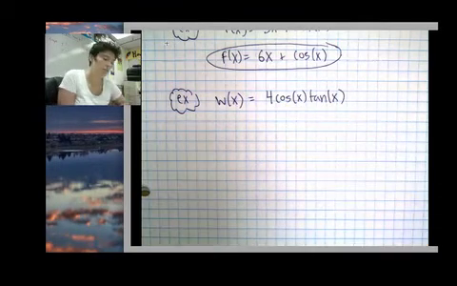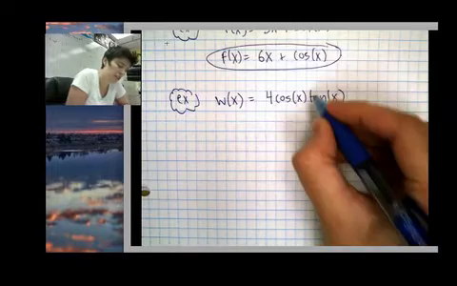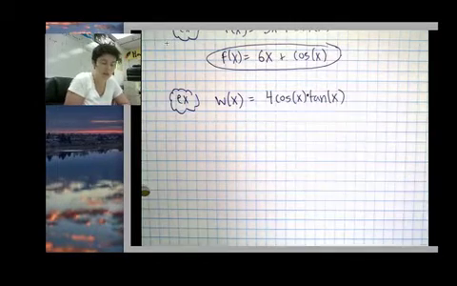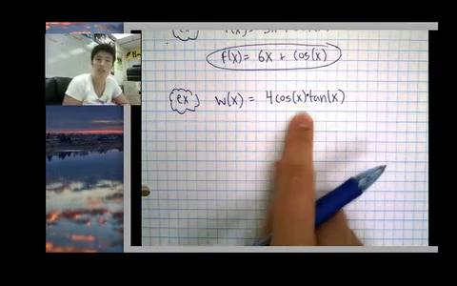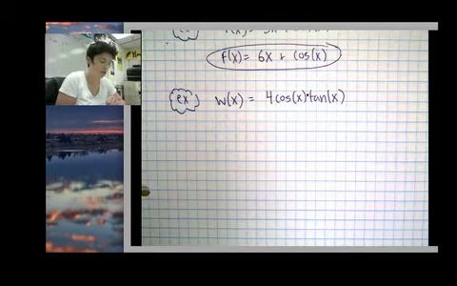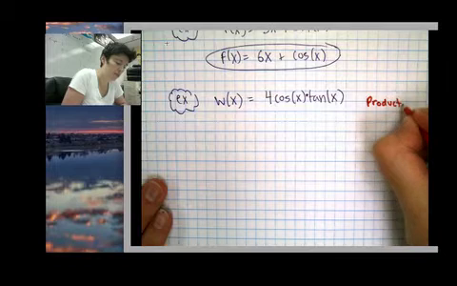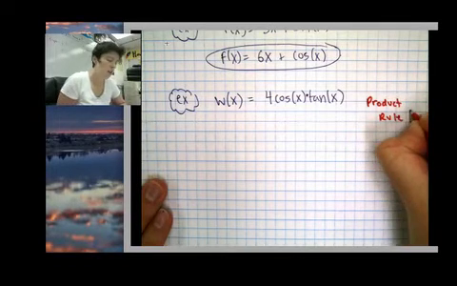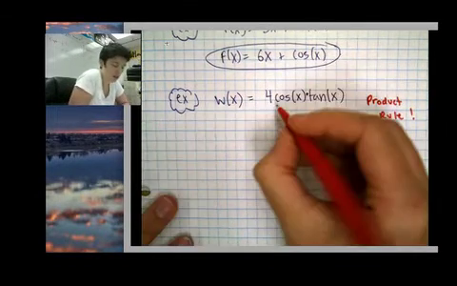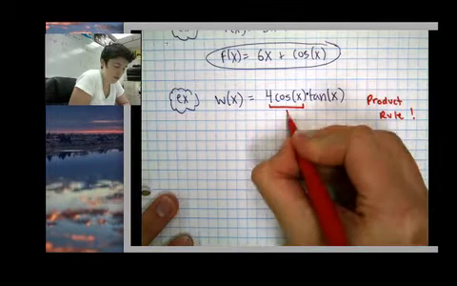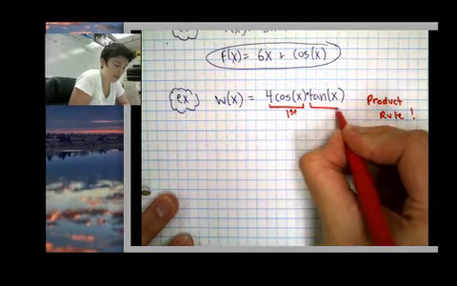Unfortunately, it doesn't work. This means we have 4 cosine of x times the tangent of x, so we're multiplying, so we need the product rule. This is totally a product rule problem. So, product rule. In this case, here's our first, and tangent of x is our second.